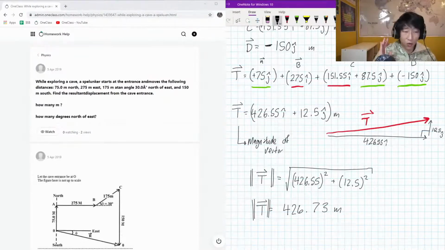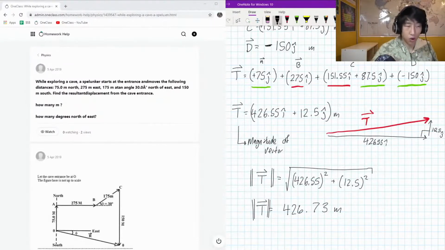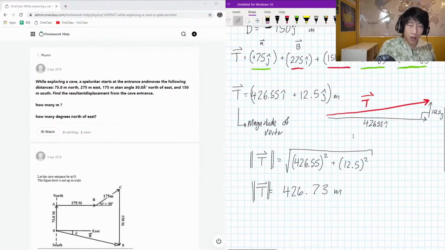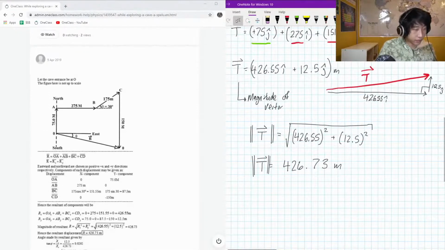That is a reasonable answer, because the horizontal, the east, is so much larger than the north-south direction, we would expect our T to be very, very close to our I, just because I is so much larger than J. So that makes sense. This is our total meters away, and we got the same calculation here.